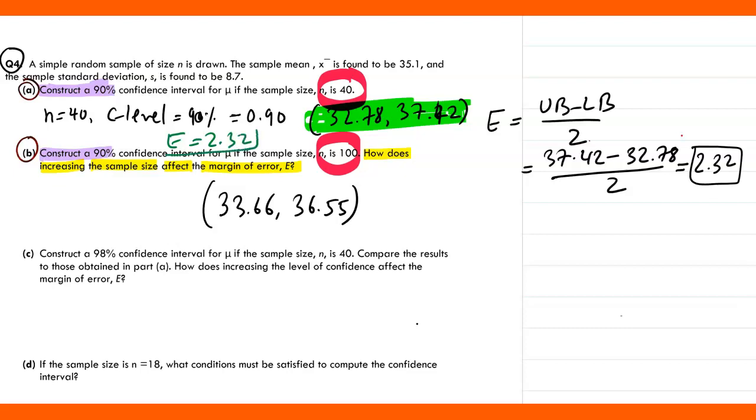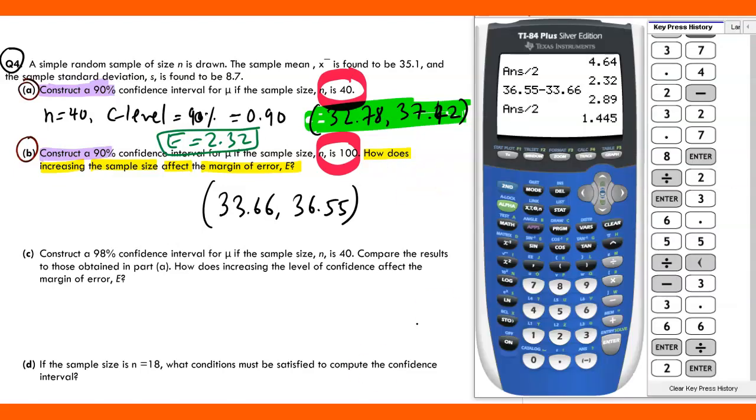What's the margin of error for sample size 100? E is the same as 36.55 minus 33.66 divided by 2. If you subtract and divide by 2, that's the margin of error. I already did that for you.